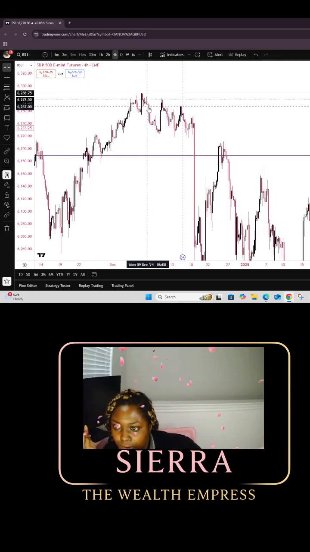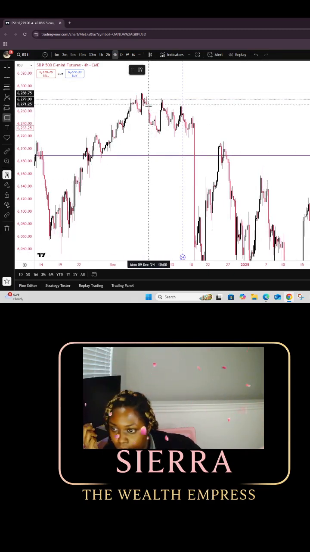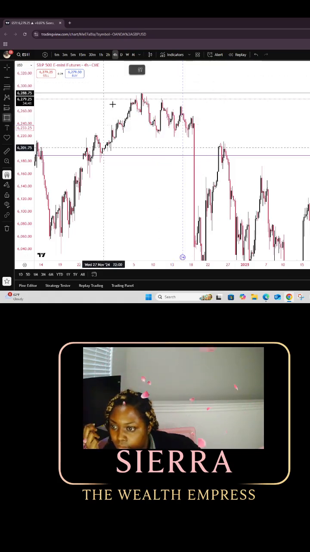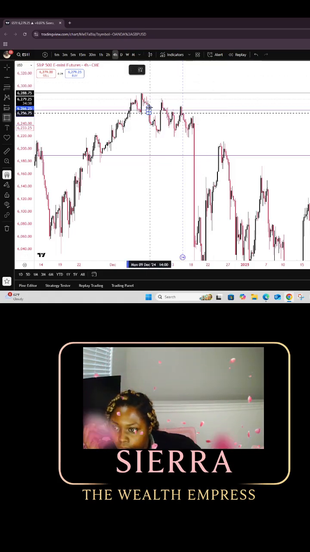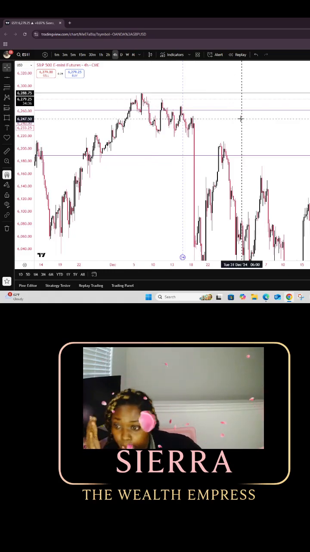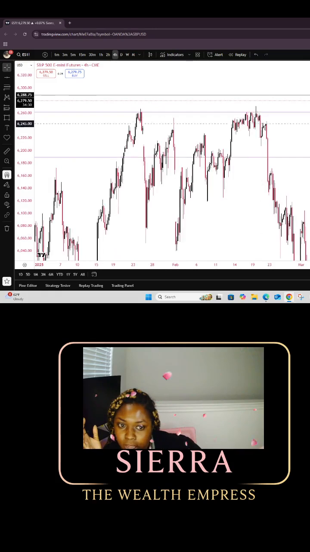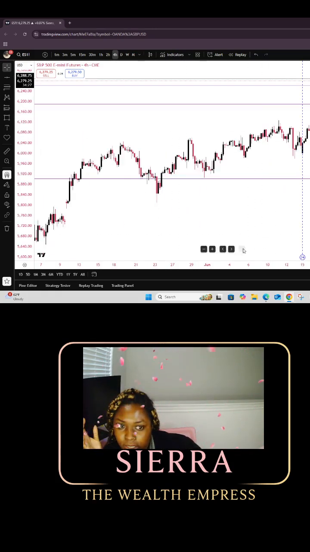All right, so I have a fair value gap here that I can mark up. That price has already gotten on top of, but as you can see, price respected this area several times. So let's go back to current price and let's see.